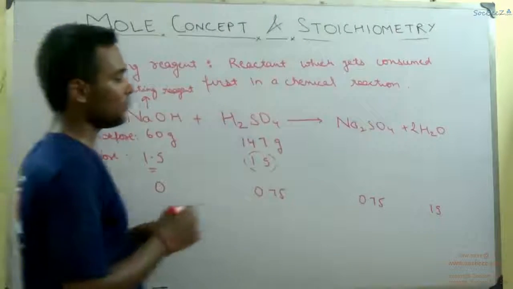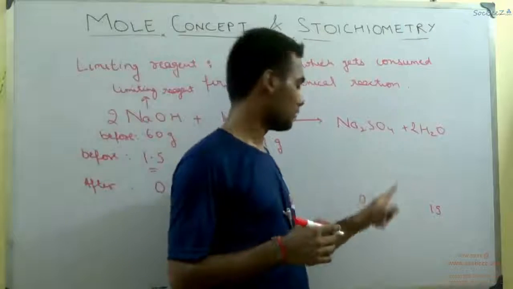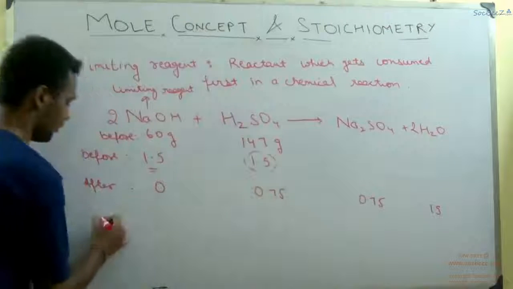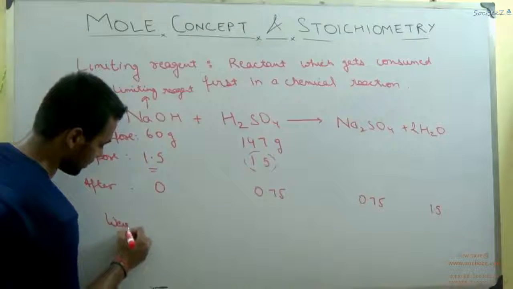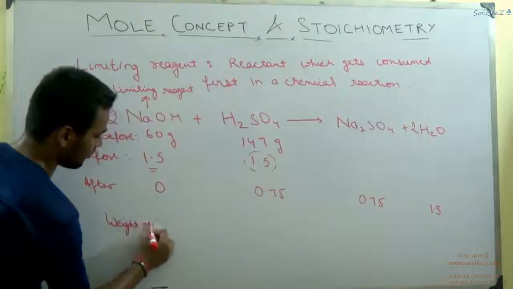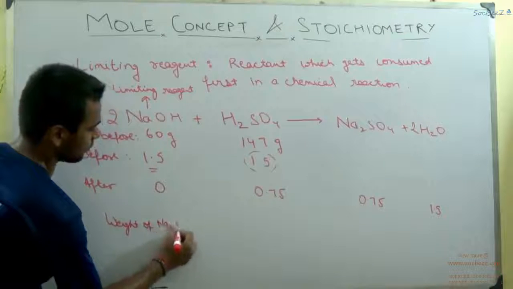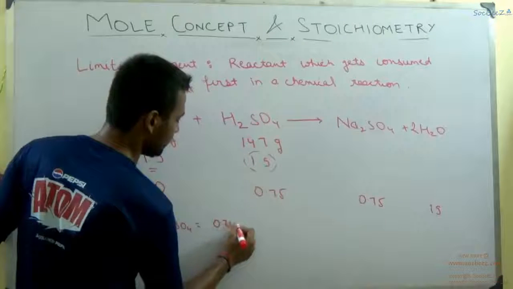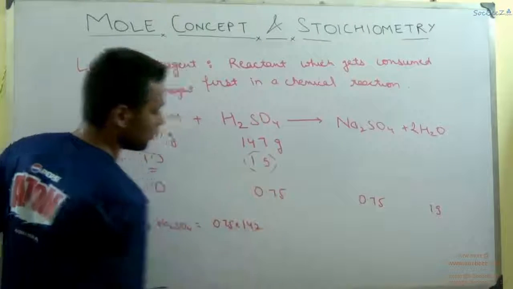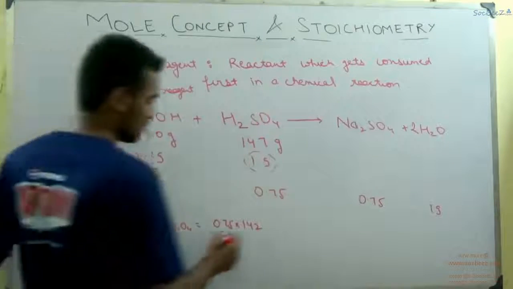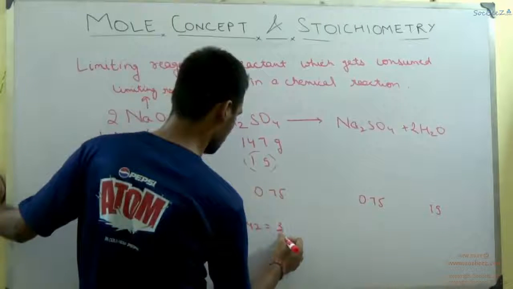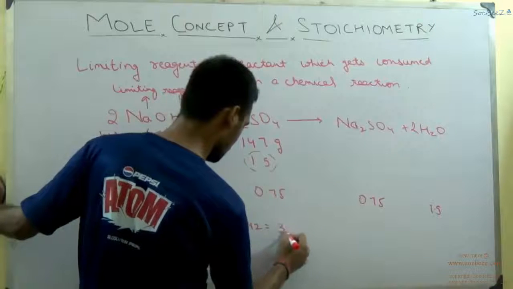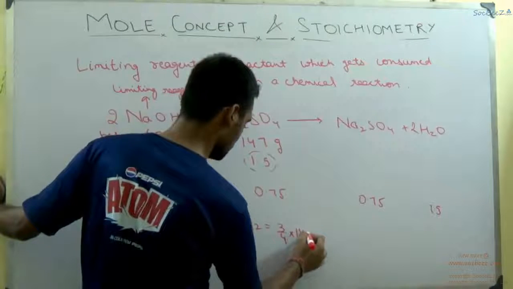Now, we have seen that the molecular weight of Na2SO4 is 142 grams. So the weight of Na2SO4 that we will get is 0.75 into 142. This comes out to be 3 upon 4 into 142.